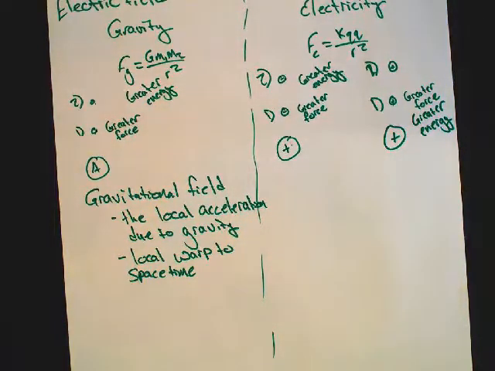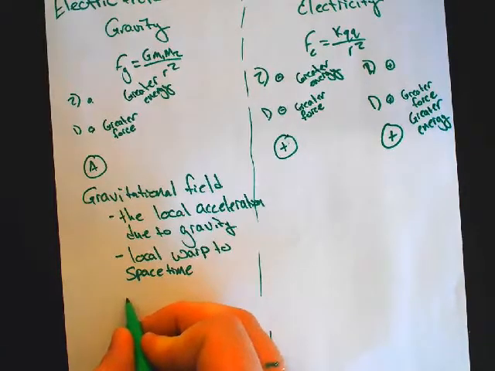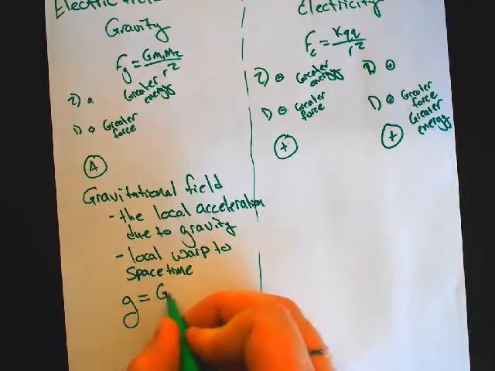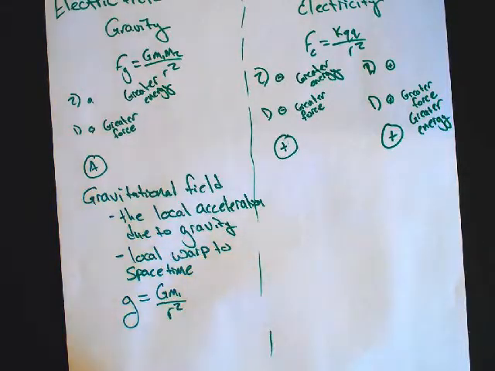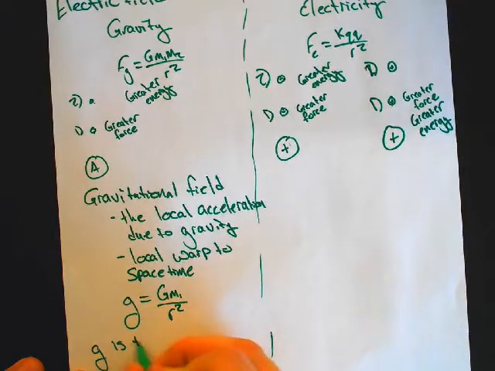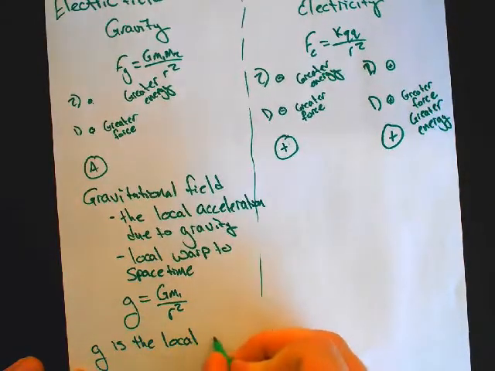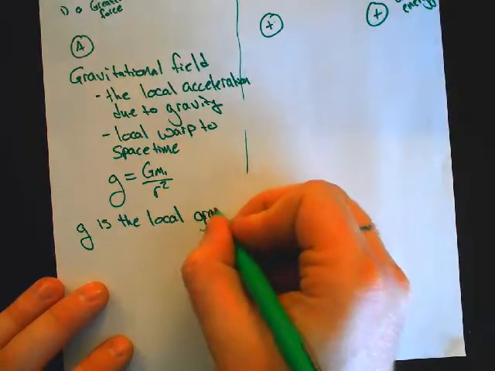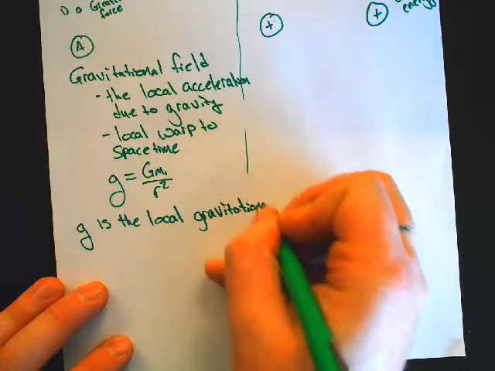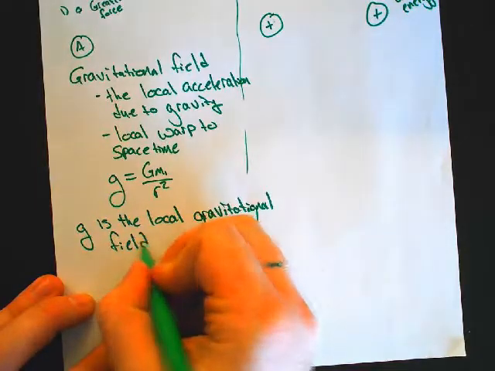Okay. Either way, what we're really looking at is not G m1 m2 over r squared, but g is equal to G m1 over r squared, where little g is, of course, on Earth, 9.8 meters per second squared. So one of the other ways we can talk about little g is as the local gravitational field vector.